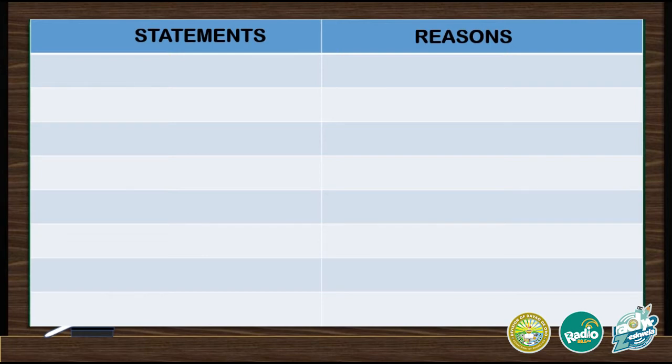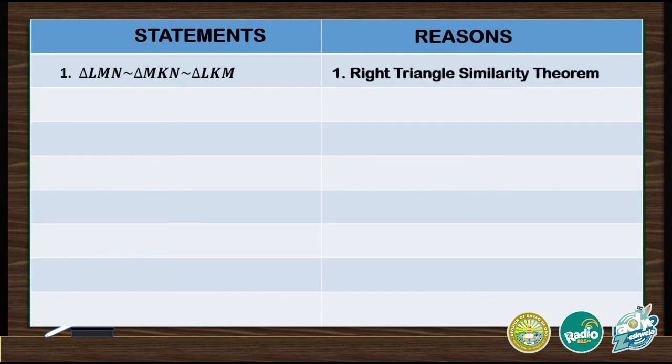Correct! Triangle LMN is similar to triangle MKN is similar to triangle LKM. And the reason is right triangle similarity theorem. For the next statement, this is the hint.